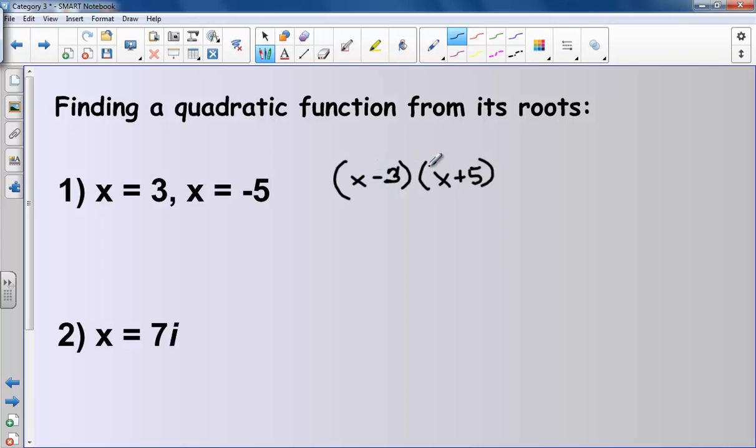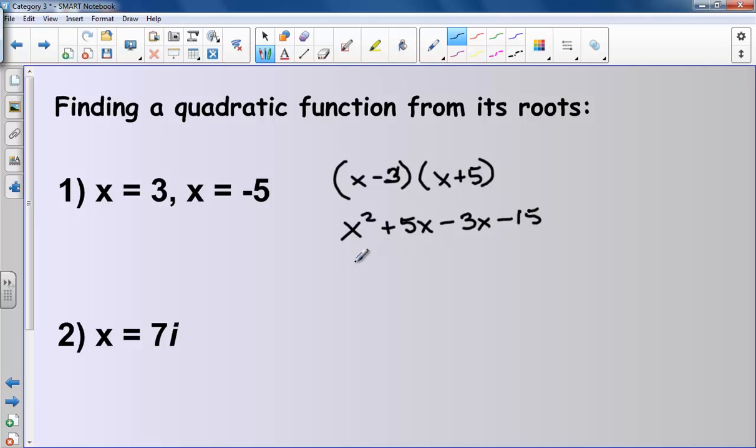Okay, so then I can FOIL this out and I can come up with the original quadratic function. So first times first is going to give me x squared. X times 5 gives me a positive 5x. Negative 3 times x. And then finally negative 3 times 5.